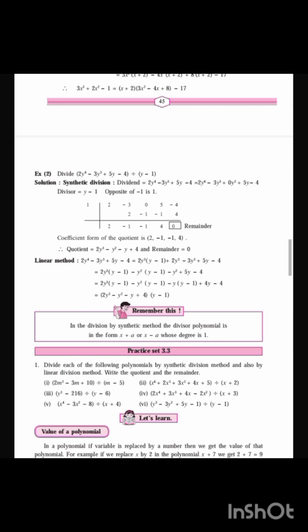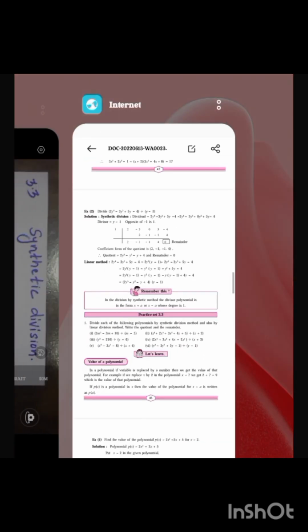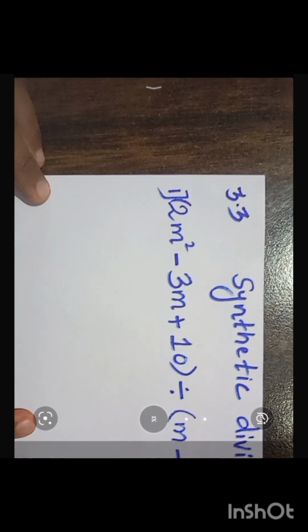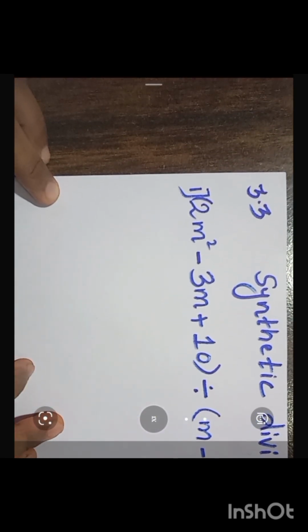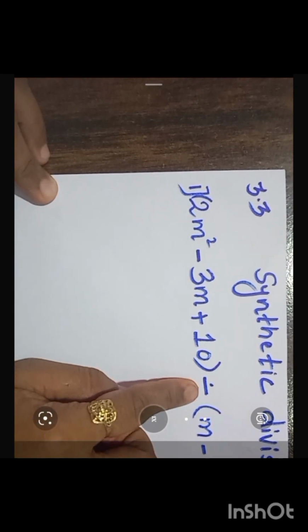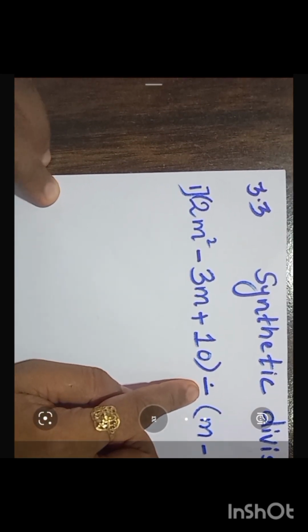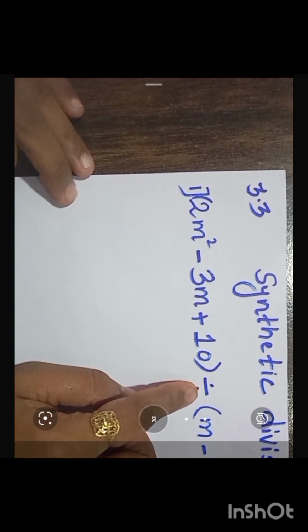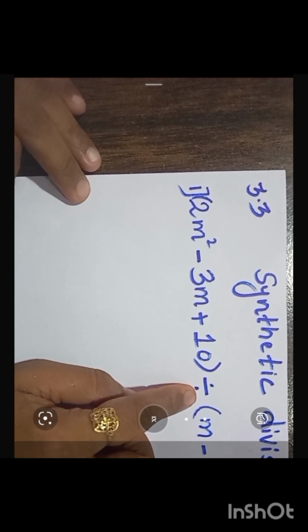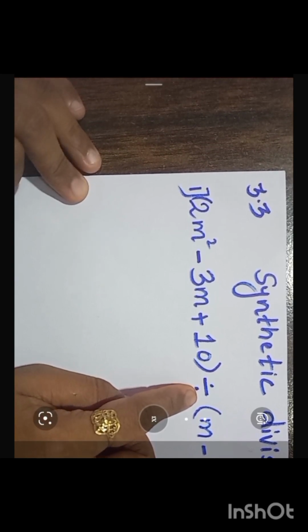Here you can see on screen, from practice set 3.3, the first question: 2m square minus 3m plus 10, and this we have to divide by m minus 5. Both are polynomials. We have to divide the first polynomial by the second polynomial.